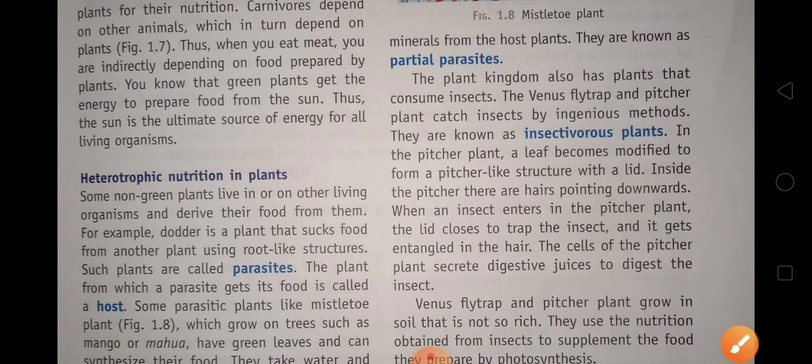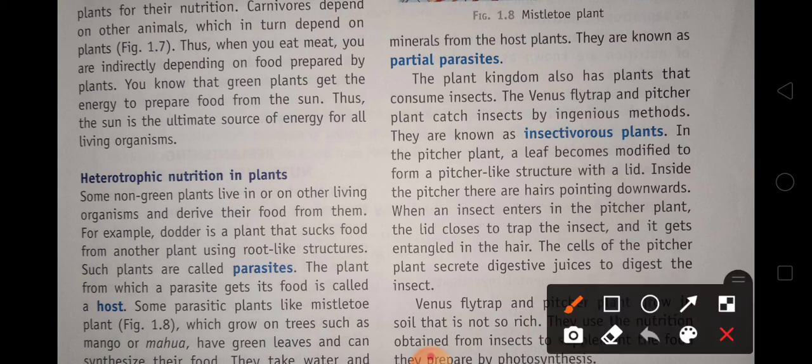And some plants are insectivorous because they consume insects. Venus flytrap and pitcher plants are two insectivorous plants because they eat insects.